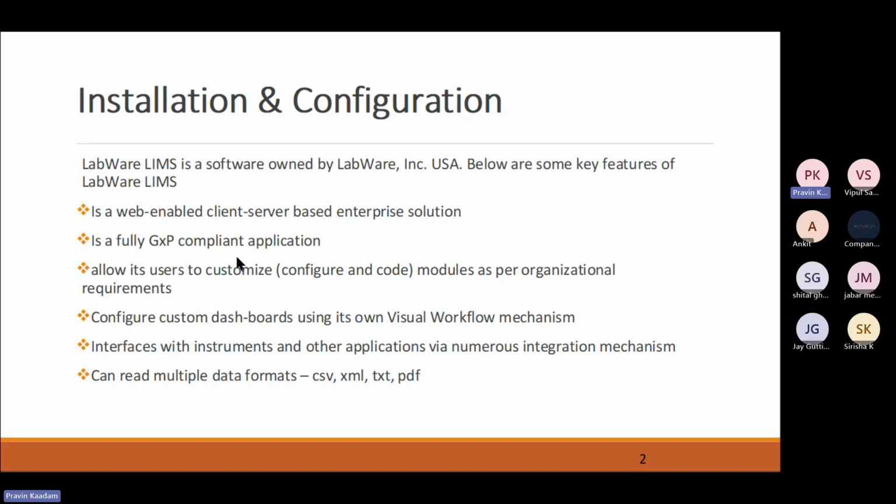Someone from our team is from validation background. Yes, it's me. Jaydeep. Yes, Jay. So what is the meaning when we say the application is fully GXP compliant? When can we say a system is fully GXP compliant?